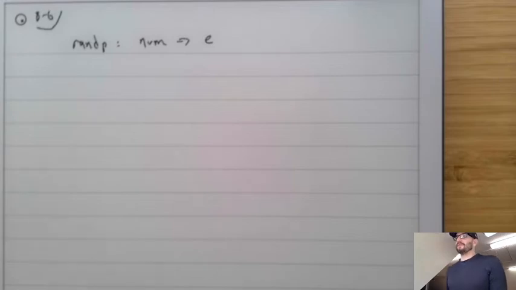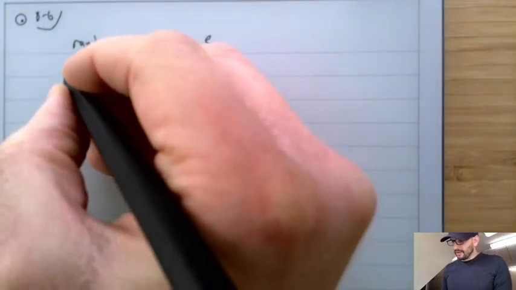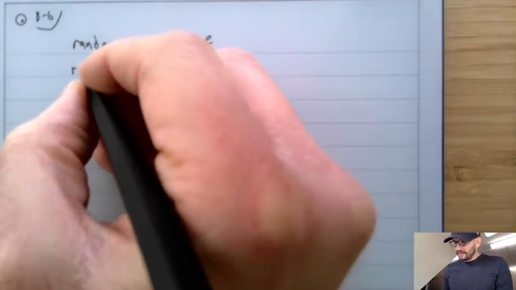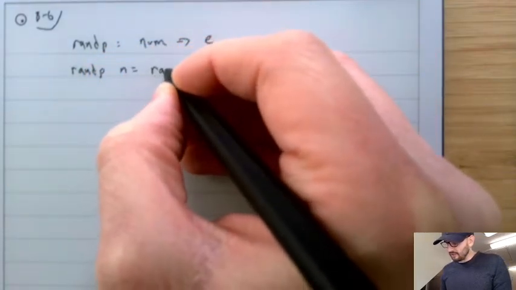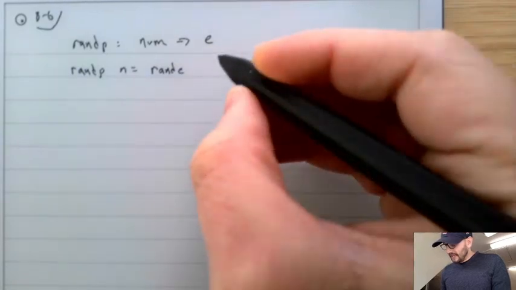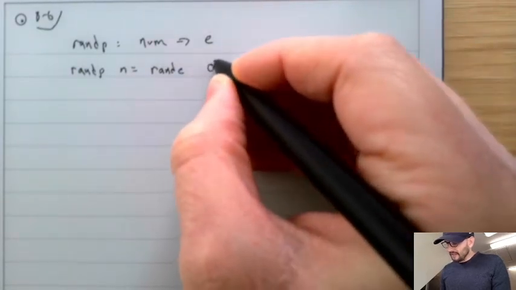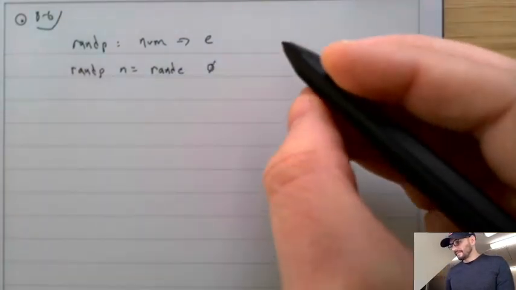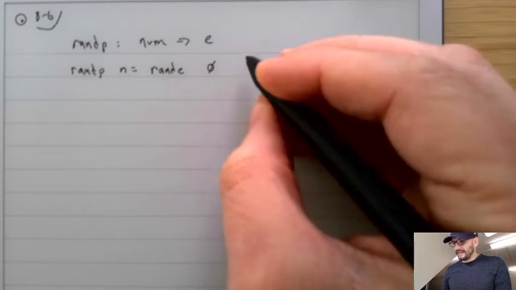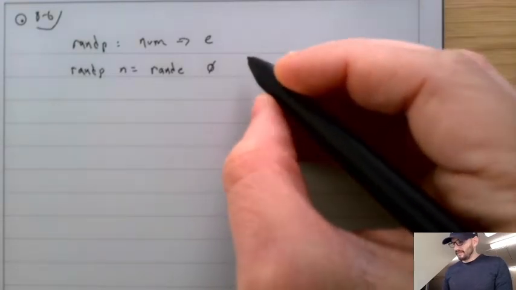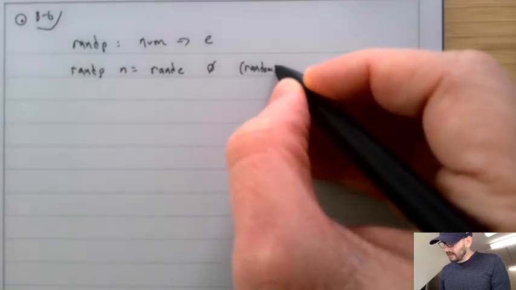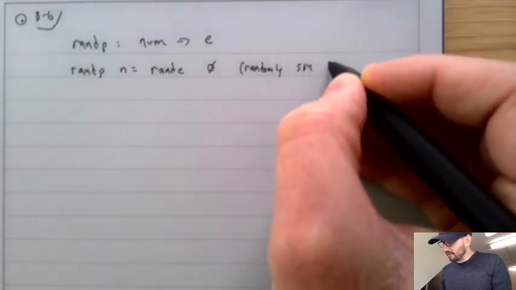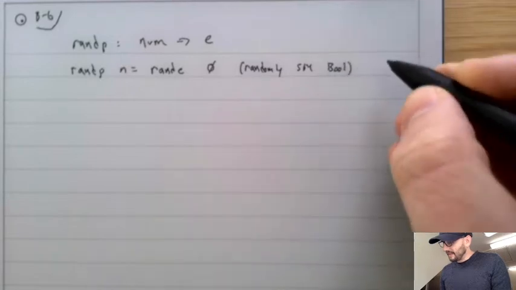And what it's going to do is call a helper function. So randp of n is going to call another function called rande, and it'll take in an empty mapping, and it'll take in a type. So we're going to randomly choose S64 or bool, and then it's going to take in n.